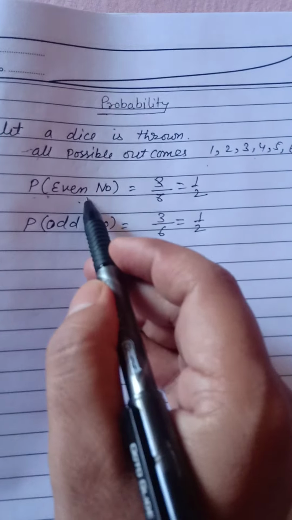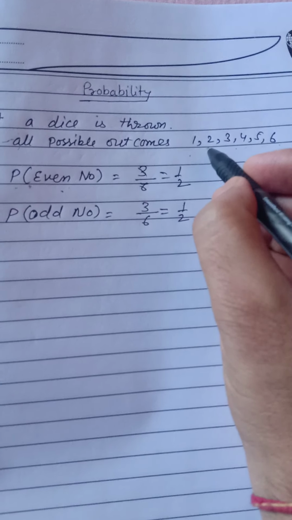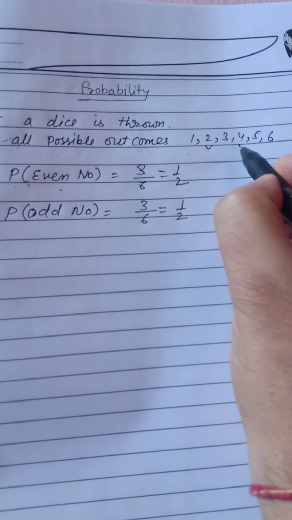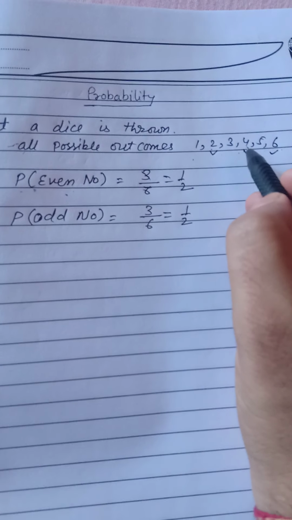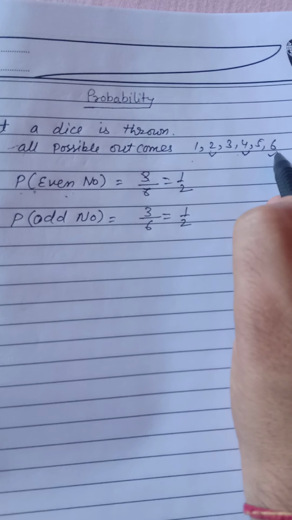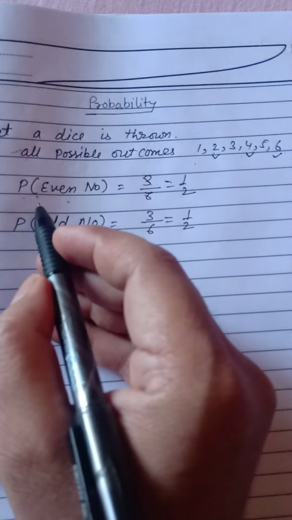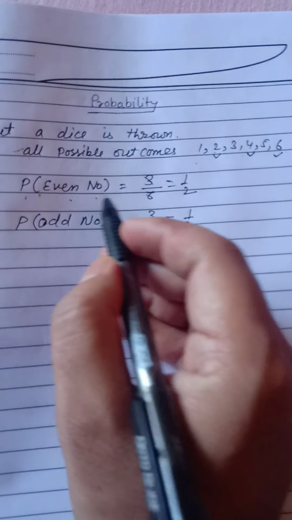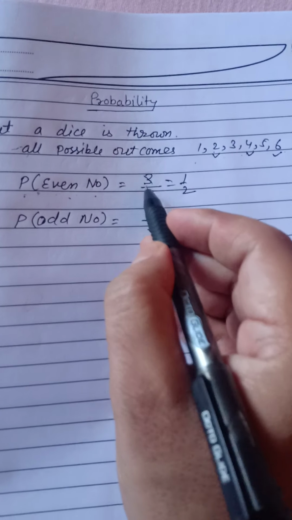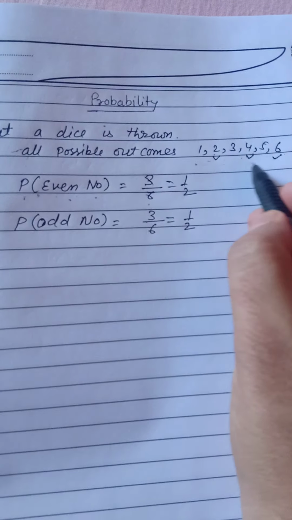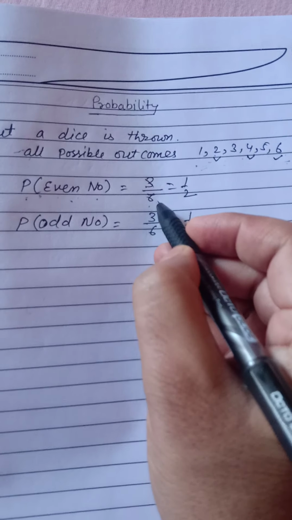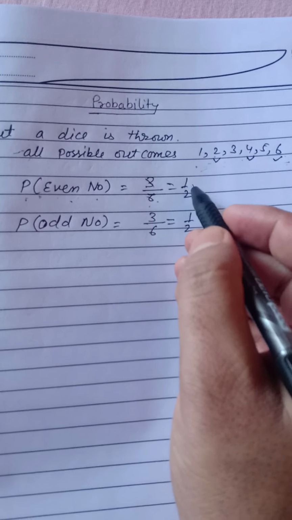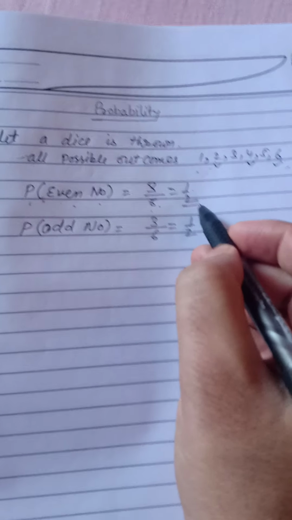There are only three even numbers, 2, 4 and 6, which favor the event. So n(E) will be 3, and the total number of possible outcomes is 6, so the probability is 3 upon 6, which after cancelling is 1 by 2.